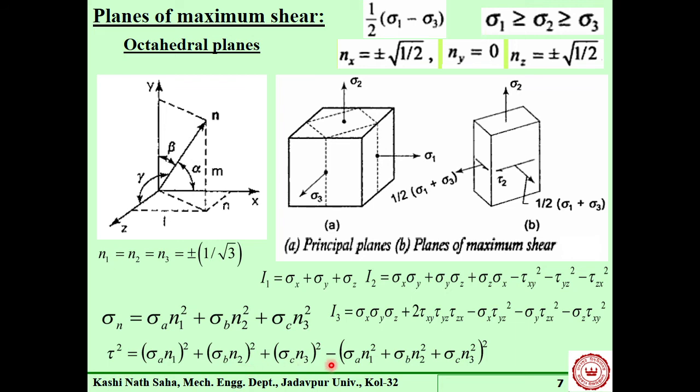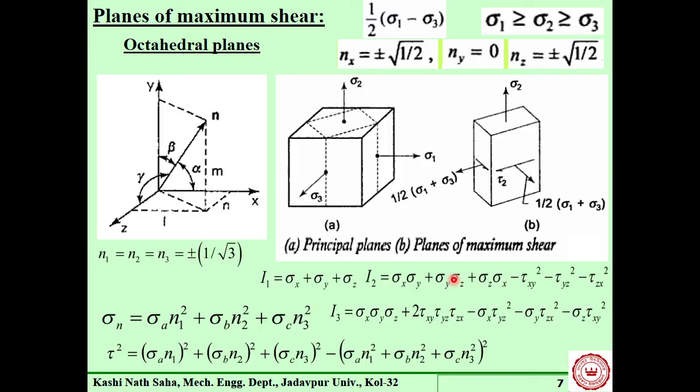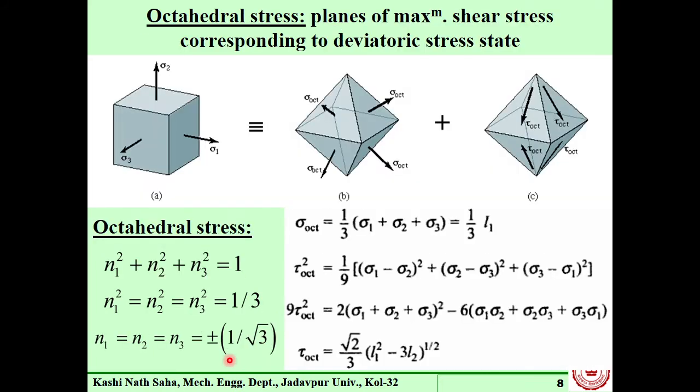And then after some manipulation it is possible to express this tau octahedral square in this form. Yes, sir. You try it analytically, it is possible. If there is any difficulty, you let me know, I will show you. Okay, fine.